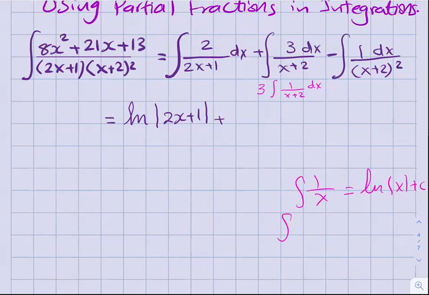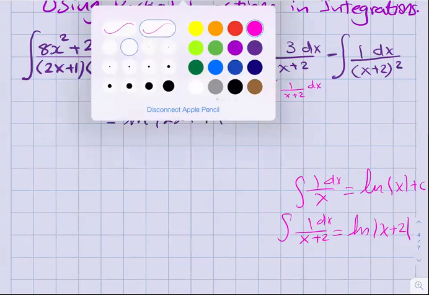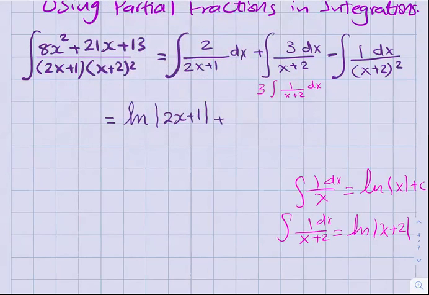Same thing, there's a dx always here. Then we can say this is ln of x plus 2. So this one here is going to be 3 ln of x plus 2.